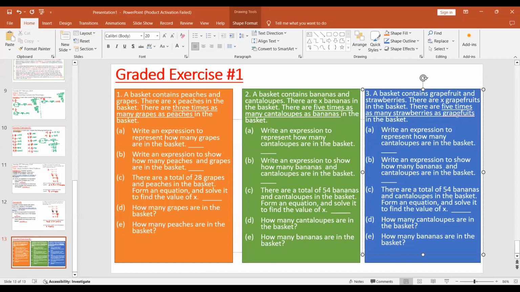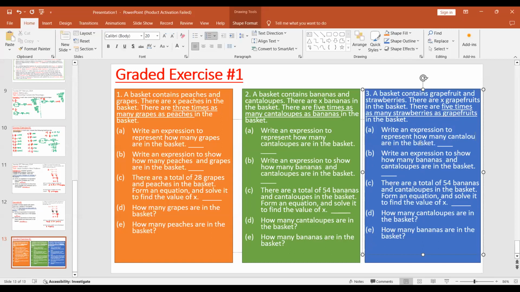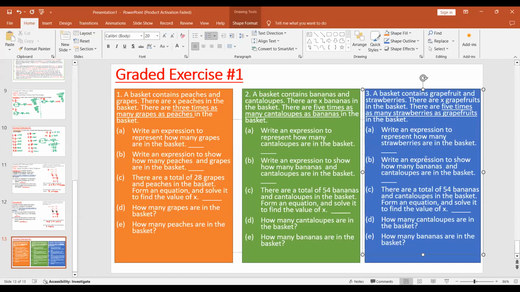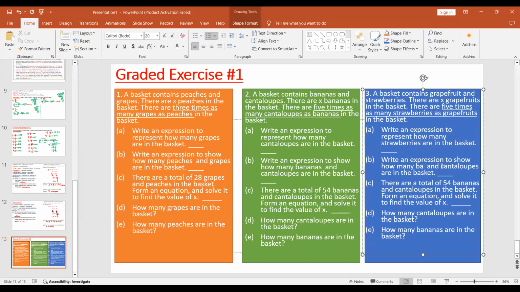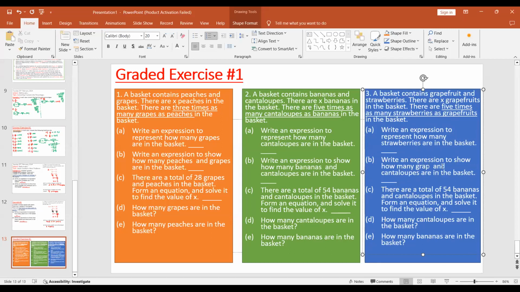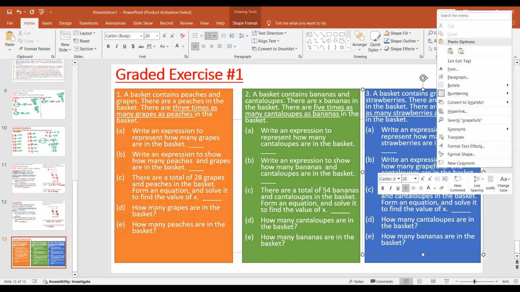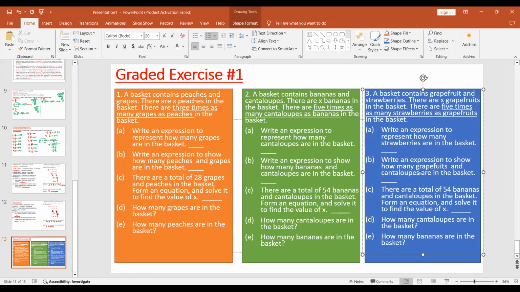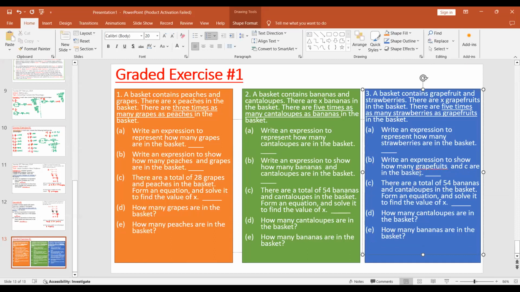Write an expression to represent how many. I want to know how many strawberries are in this basket. Like the expression, that's in the show grapefruits and strawberries.